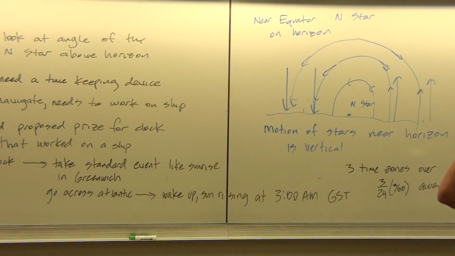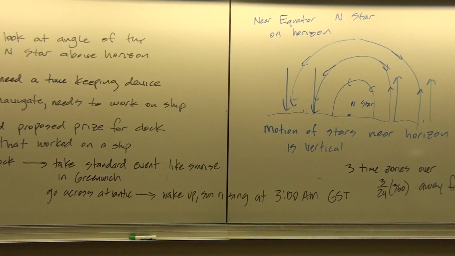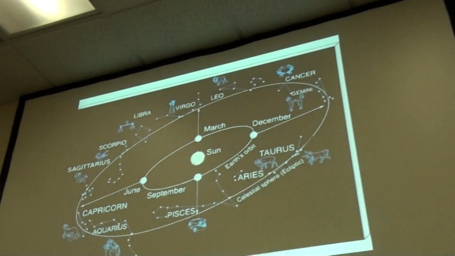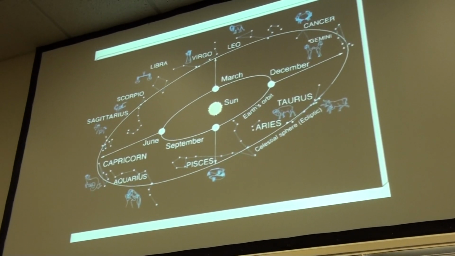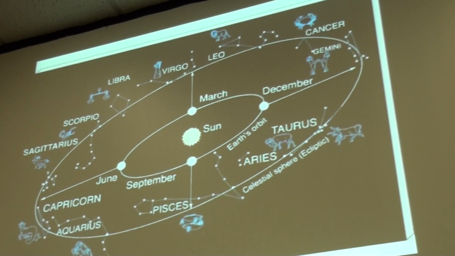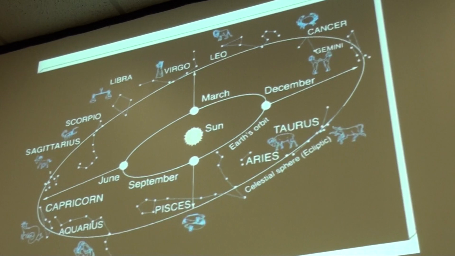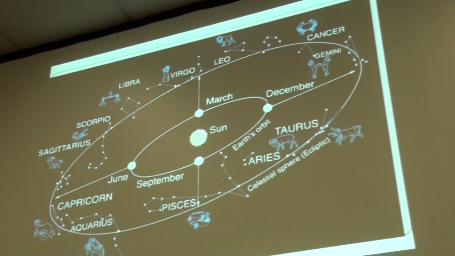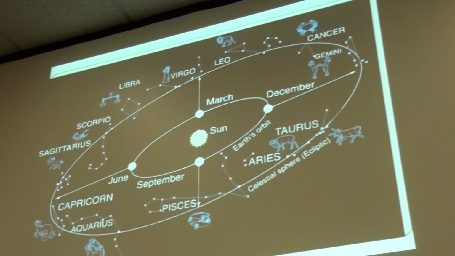Okay. Now, there are other motions that are interesting to look at. Some of these have to do with the motion of objects along the plane of the ecliptic. So what is the ecliptic plane and how does that relate to signs of the zodiac? Well, basically, if we look in the direction of the ecliptic plane, it turns out that there are some constellations that mark out the different directions that we can look along the ecliptic plane.